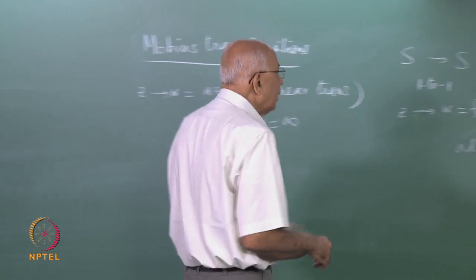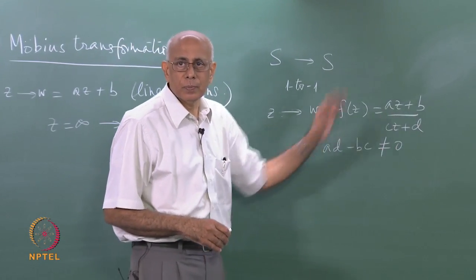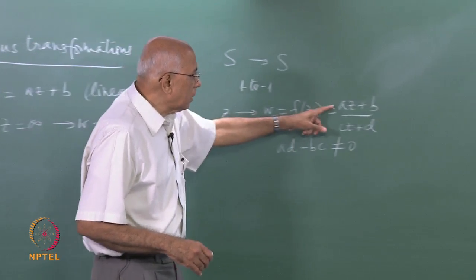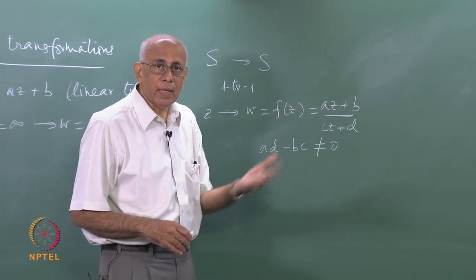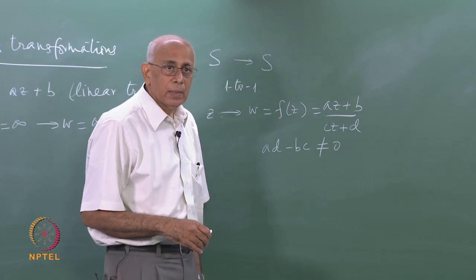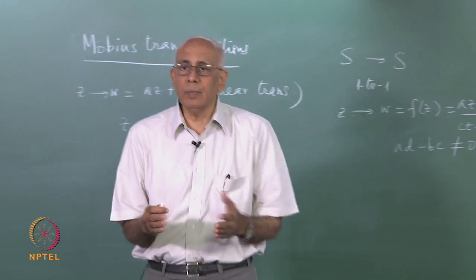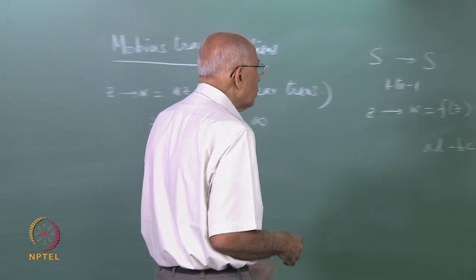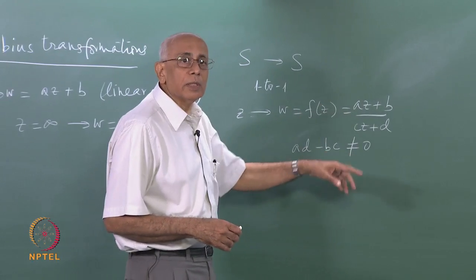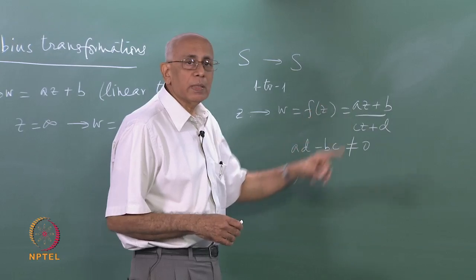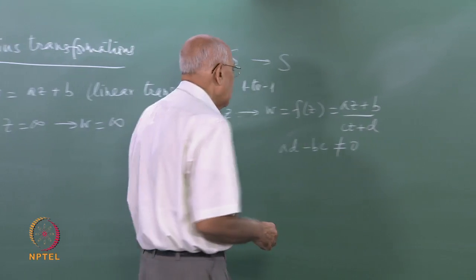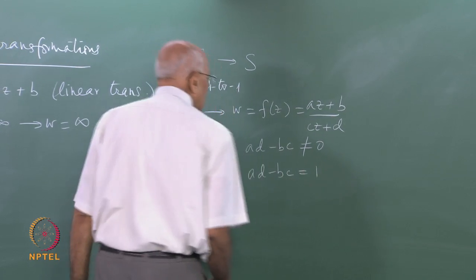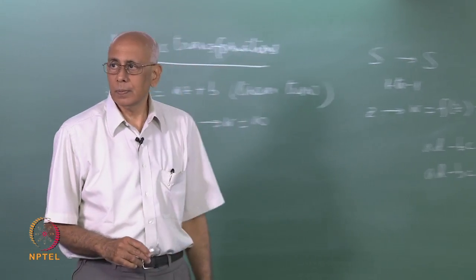So, we will take AD minus BC to be non-zero in general, and in fact you can go further. You can always divide each of these coefficients by the same number without changing the map, and you can divide by the square root of AD minus BC, whatever complex number that is. Once you do that, the new coefficients will satisfy AD minus BC equal to 1. So we will in general say AD minus BC equal to 1 always.